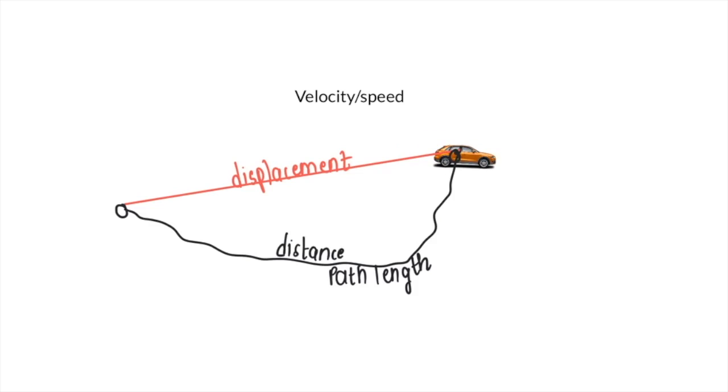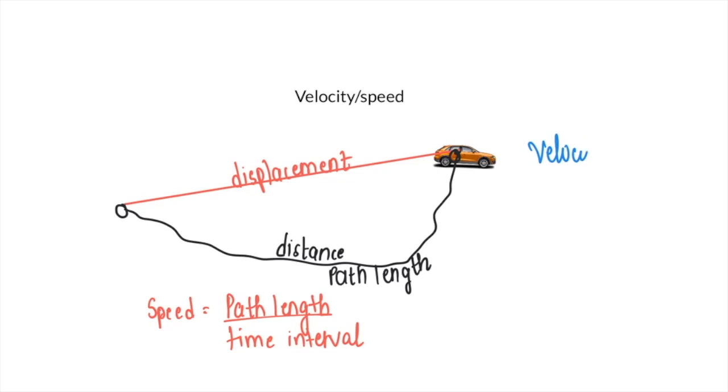So speed is path length upon time interval, and velocity is displacement upon time interval.